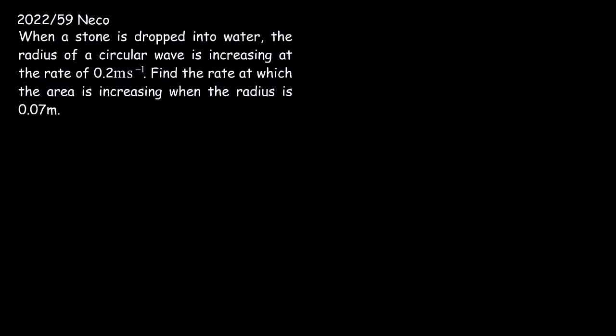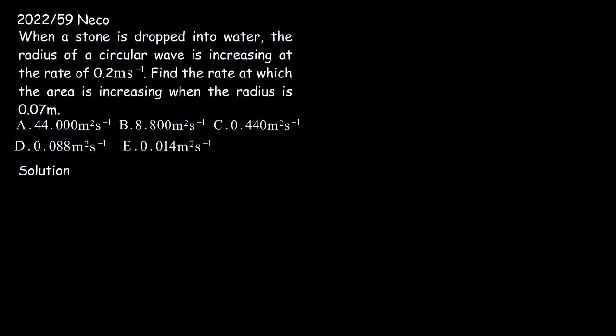Our next question is from NECO 2002, and it states that when a stone is dropped in water, the radius of a circular wave is increasing at the rate of 0.2 meter per second. Find the rate at which the area is increasing when the radius is 0.07 meter, and we are given the options.